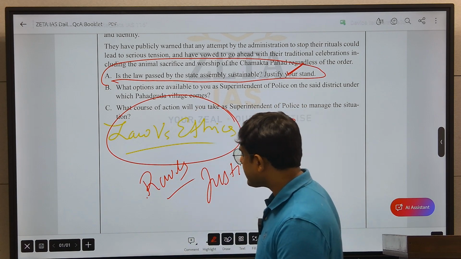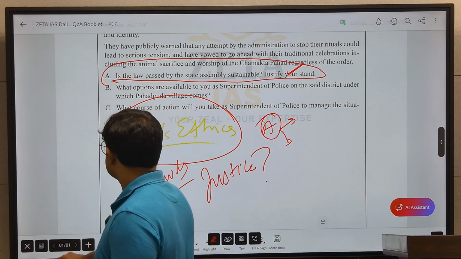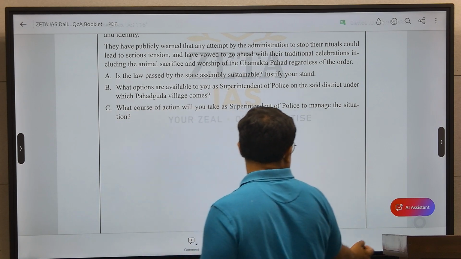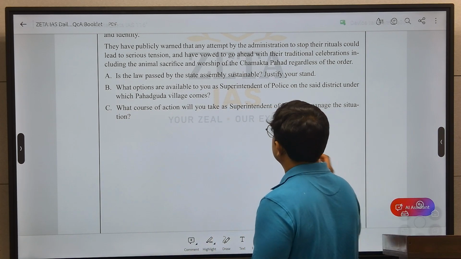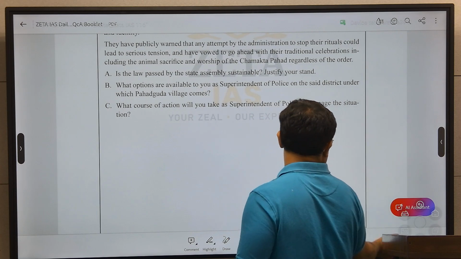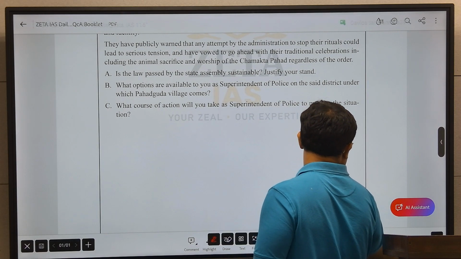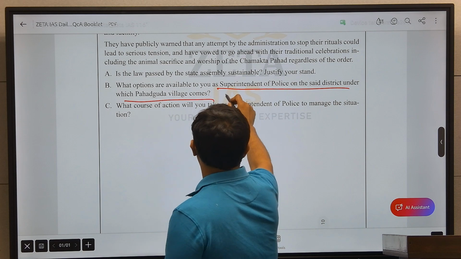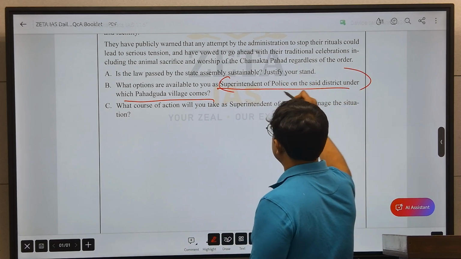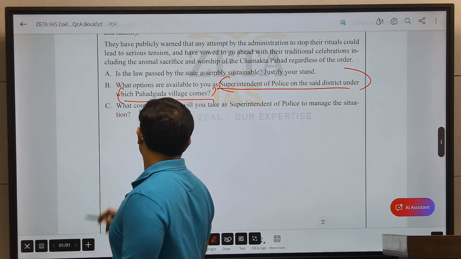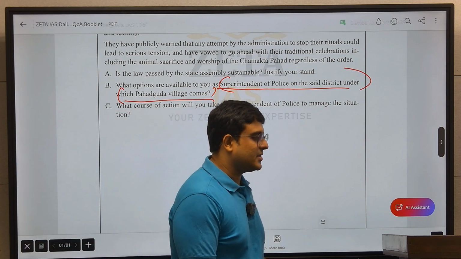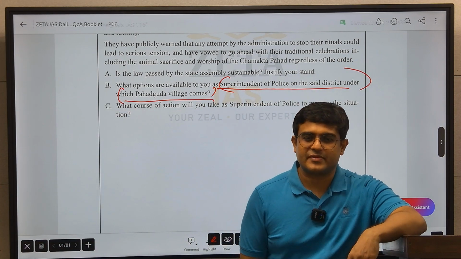Okay. So now let's come to the B part. What options are available to you as a superintendent of police of the said district under which Paharguda village comes. Now you are SP. Now tell what are the options available.